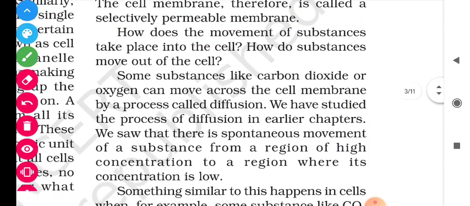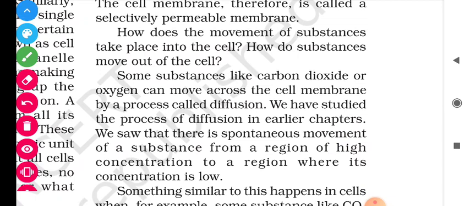Next, how does the movement of substances take place into the cell? How do substances move out of the cell? There is one logical question that arises in our mind: how are substances moving within the cell or outside the cell?